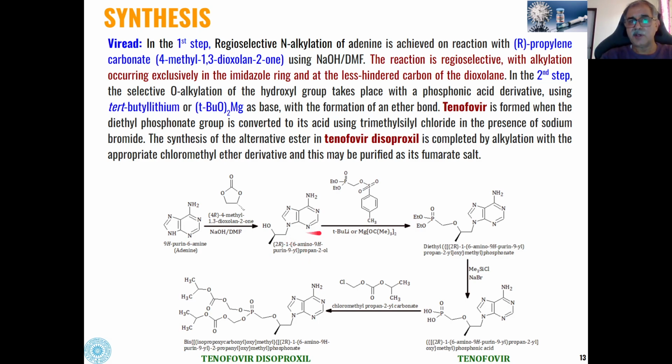Then this amino propanol derivative reacts with this diethyl phosphonate derivative, the 4-methyl sulfonic acid ester, in the presence of a strong base like tertiary lithium.